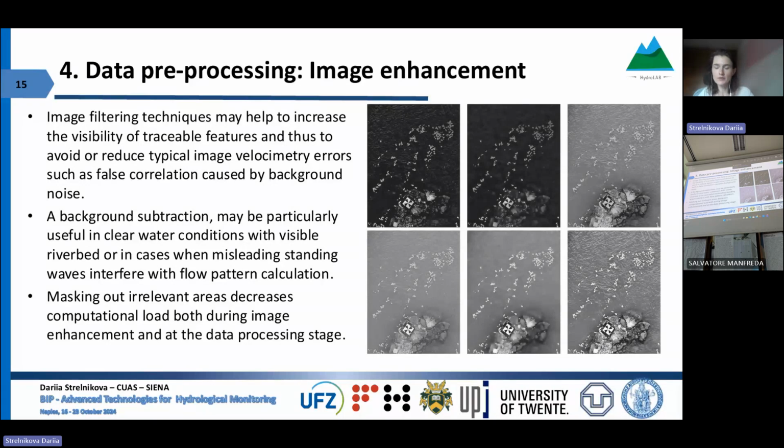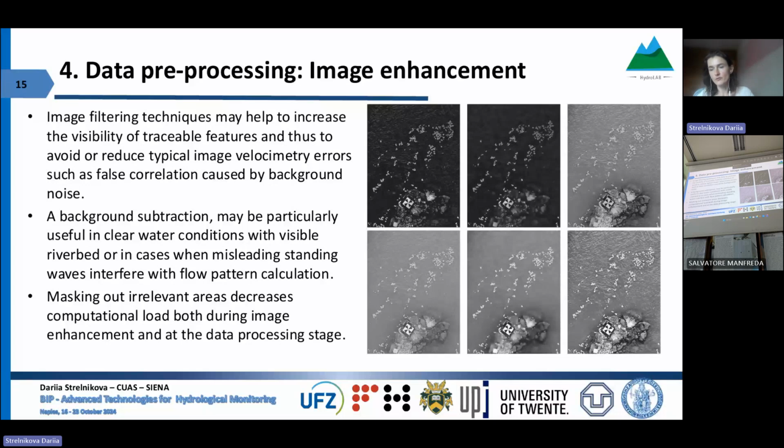But the main point is that every filter that you apply is necessary in order to make the traceable features more pronounced and everything else less visible. So sometimes it's just a question of trial and error. Several image velocimetry suites include different filters, and you can just test and see what works best for your particular case.